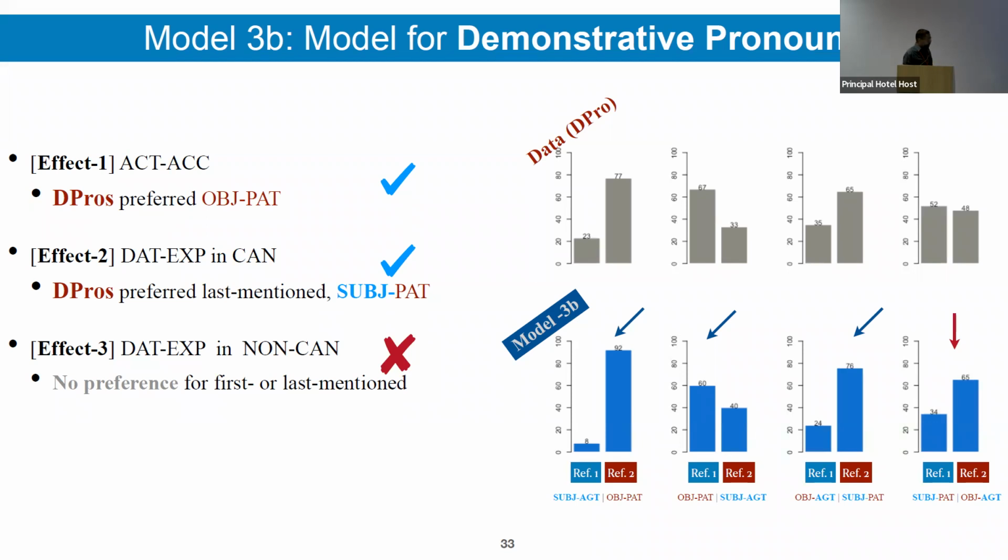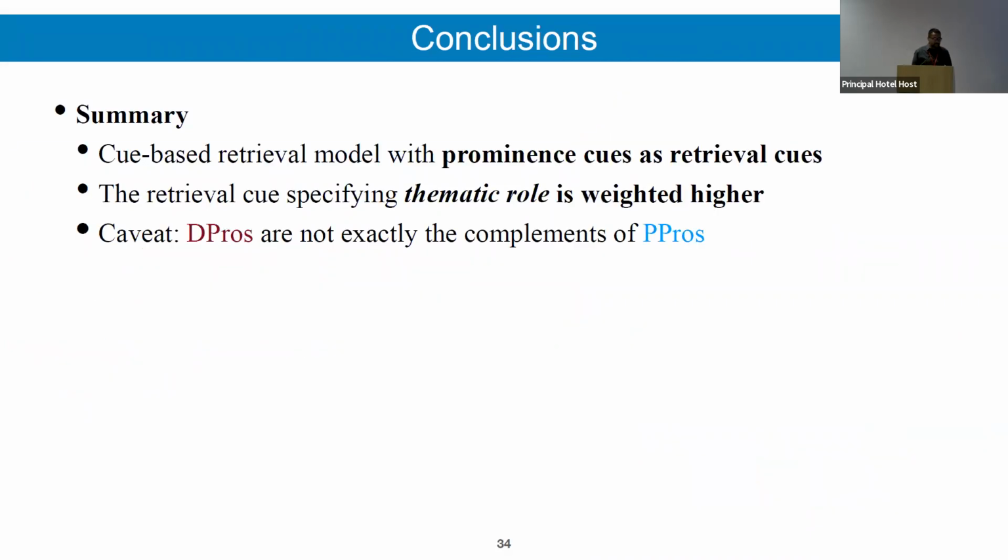Okay, so just to summarize, we have shown an extension of the cue-based retrieval model in terms of prominence cues. And we have also shown an extension where prominence cues can be weighted to capture certain variance in the antecedent preferences for personal pronouns, and to a certain extent also for demonstrative pronouns.